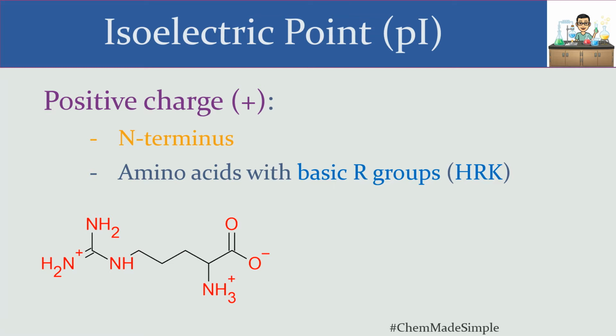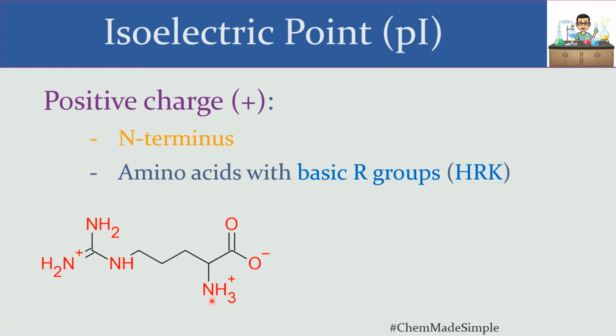For example, if I take a look at arginine, arginine's R group has a nitrogen that carries a positive charge. And you'll also notice that the N-terminus, my alpha amino group, can also carry a positive charge.